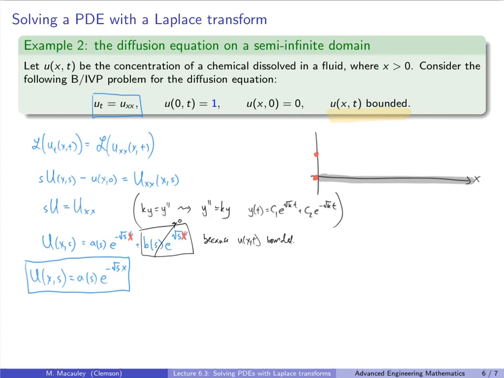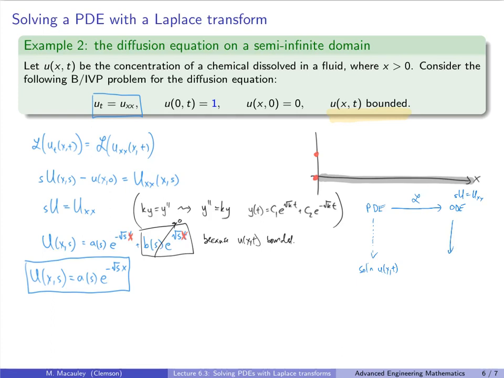Let me draw a little diagram like I did in the ODE problem. So we started with a PDE, and we would like to find the solution, which is a function u of x and t. So what we did is we applied the Laplace transform, and instead of an algebraic equation, we got an ODE, and the ODE we got was sU equals U_xx.